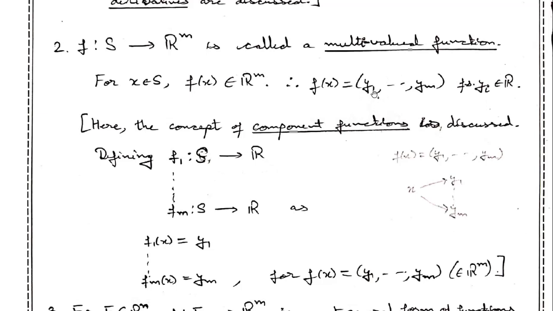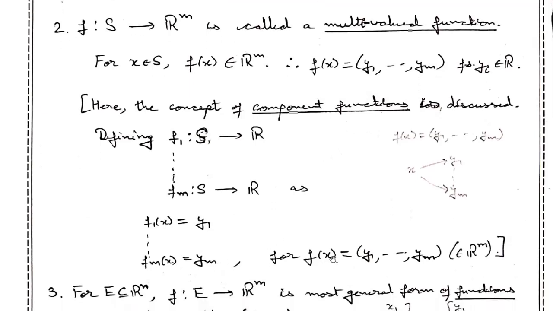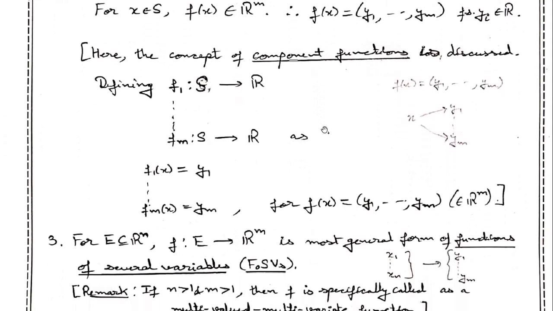In a similar way, f2 will give the second component of the image point. The same way, the last component function fm will be defined from the same domain set to R, and its image f(x) will be the last component. fm will give the mth component ym. That is how we can create real valued functions from multi-valued functions, and these real valued functions are called component functions.